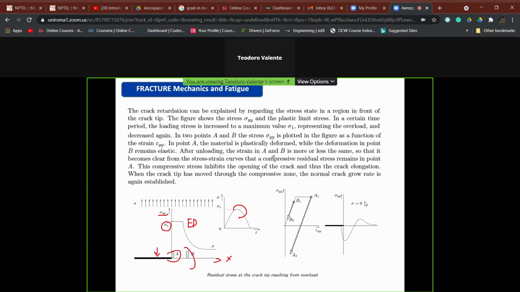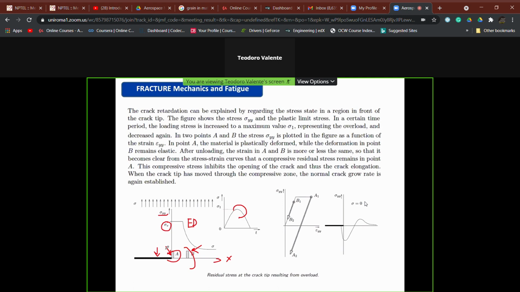And what is going to happen is that if this overload is able to increase sensibly the plastic response of the material, this can happen exactly near the crack tip, whilst a little bit far from the crack tip, due to the stress concentration we have here, the material's behavior still remains elastic.